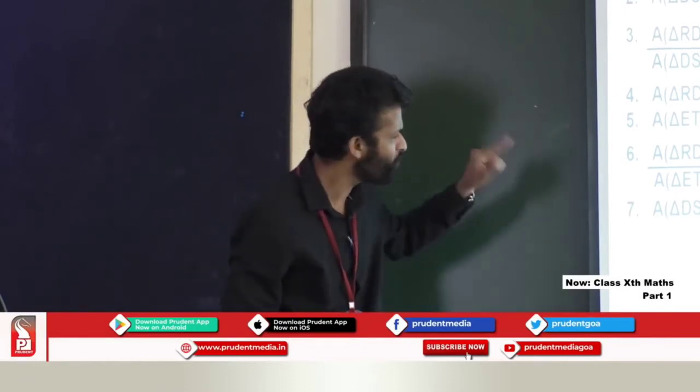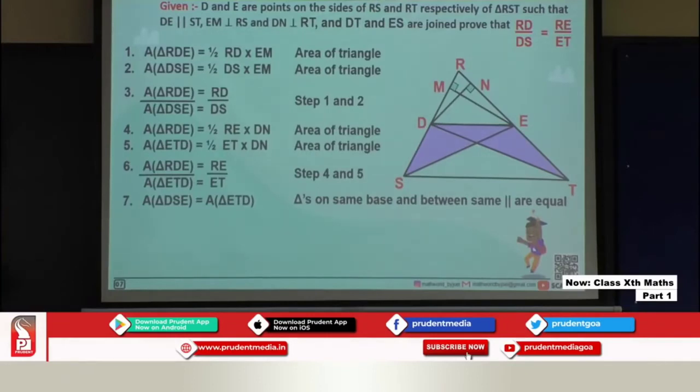Now, if this is equal, all I can do is, wherever area of triangle ETD is there, replace it with DSE. So instead of this ETD, I can write DSE. Which step am I substituting it in? I'm substituting it in the 6th step, because ETD was there.